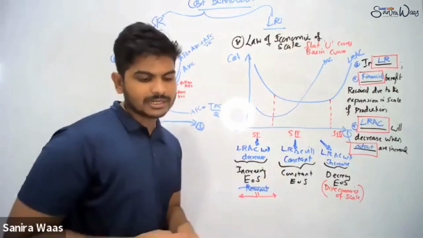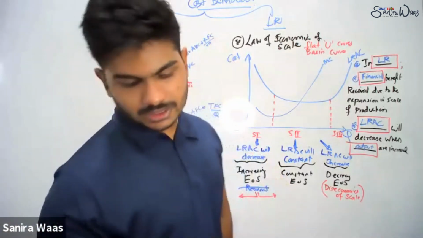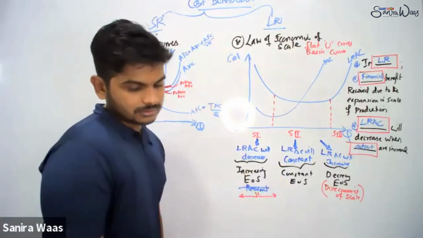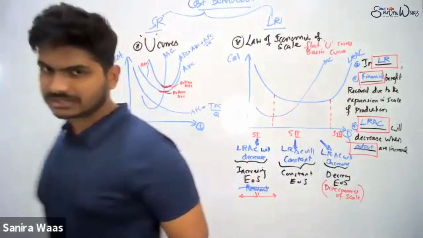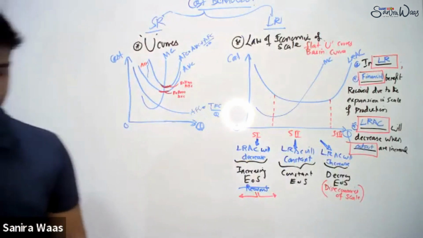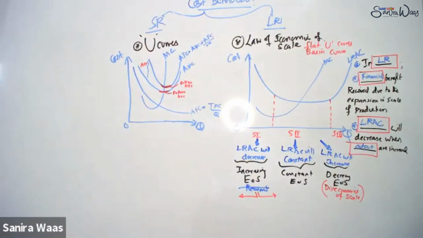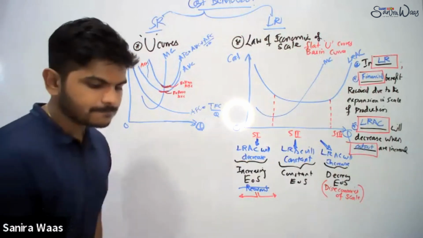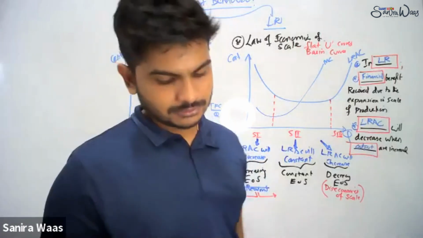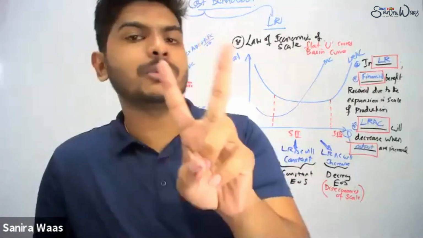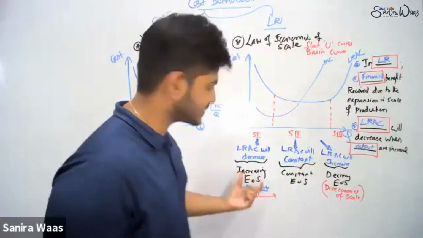What are the two main reasons for increasing economies of scale? Everything else is a sub-point. If you don't write these two in the exam, it is no use. What are the main two reasons?